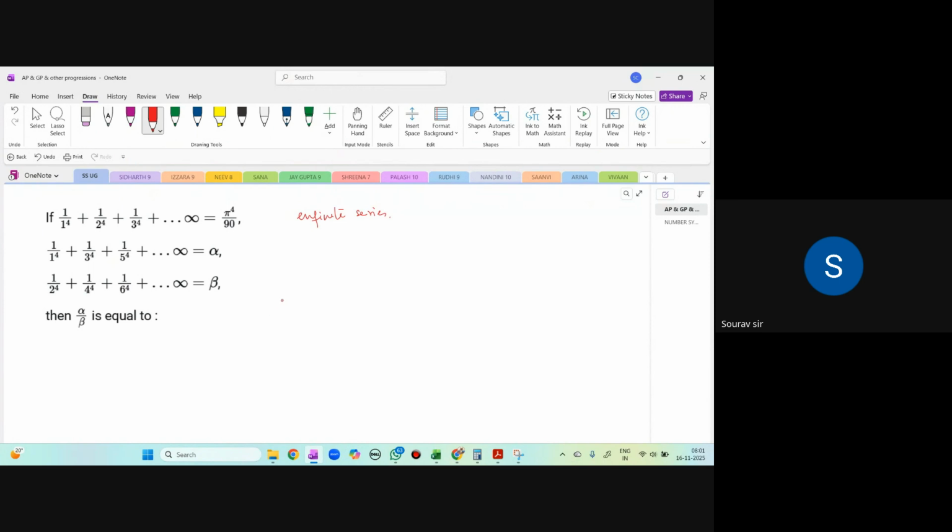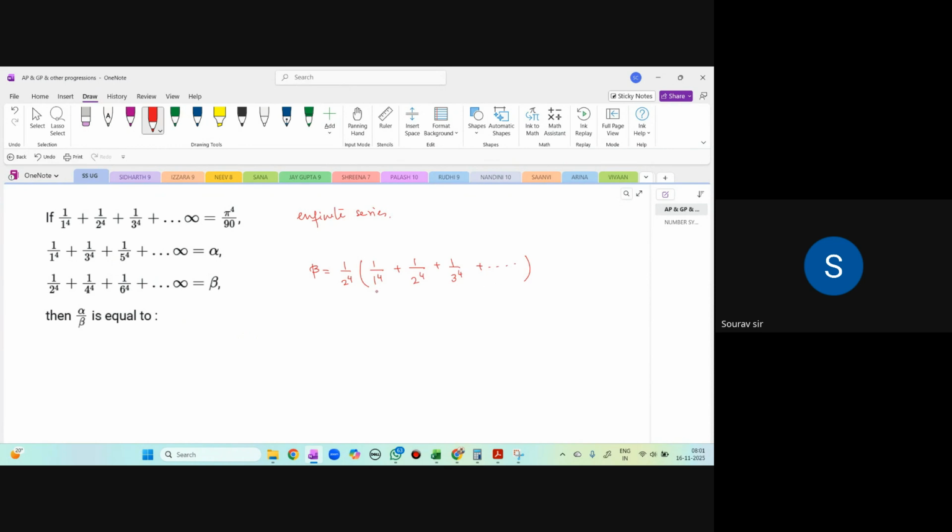So first we look at what is alpha, what is beta. So alpha is the sum of the odd terms and beta is the sum of the even terms. So I can write the even terms as 1 by 2 to the power 4 common into 1 by 1 to the power 4 plus 1 by 2 to the power 4 plus 1 by 3 to the power 4 up to infinity.